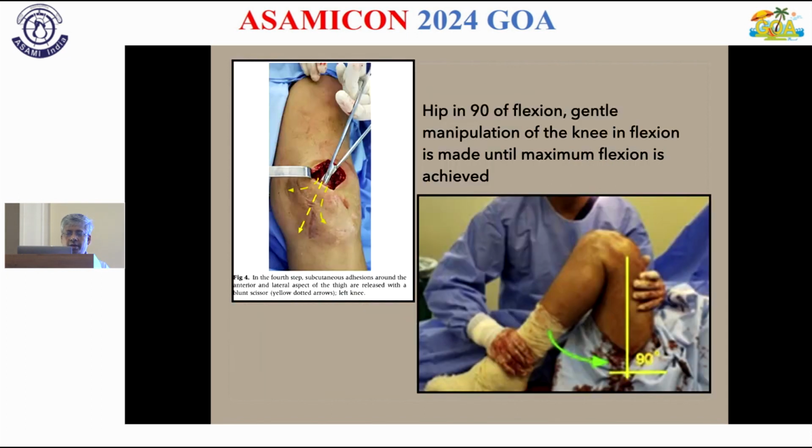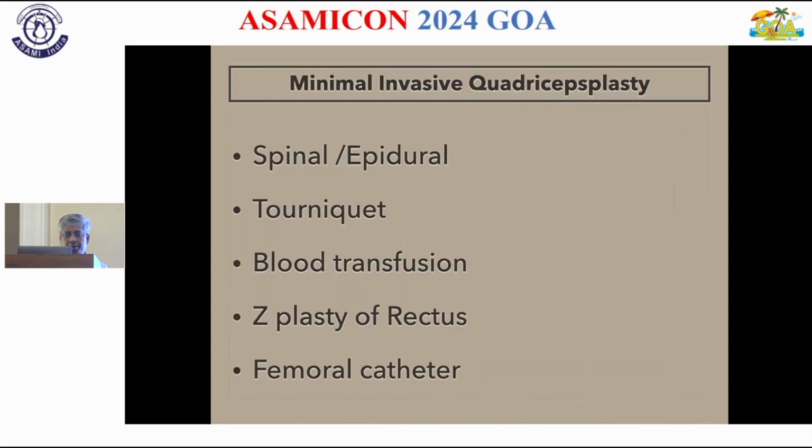Once this is done, flex the hip and gently flex the knee, and you should be in a position to achieve at least 90-degree flexion with gentle manipulation of the knee. And do not forcefully manipulate. If you are getting suboptimal motion, it doesn't matter, but don't use force, otherwise you may damage the extensor apparatus.